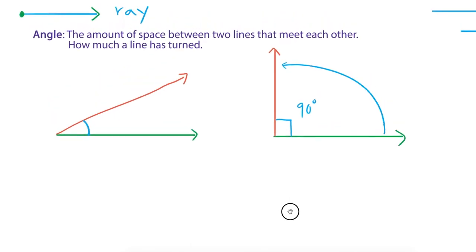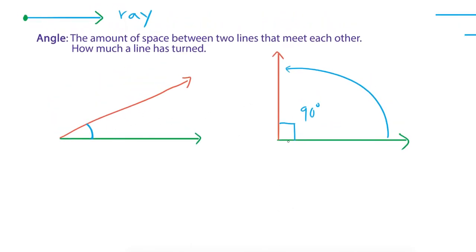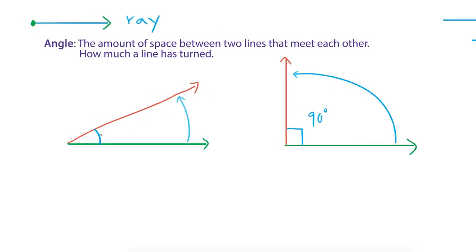So that would mean this here is halfway, right? You see how this is halfway. This orange line moved half the distance that this orange line moved here. See how it only moved up to this much, but here it moved up way more? So this is like half. Half of 90 is 45.